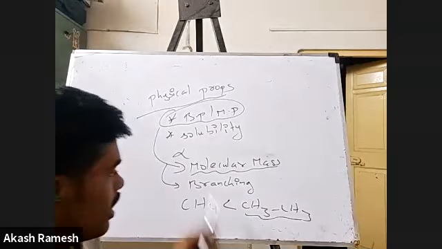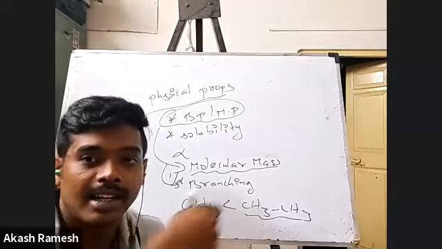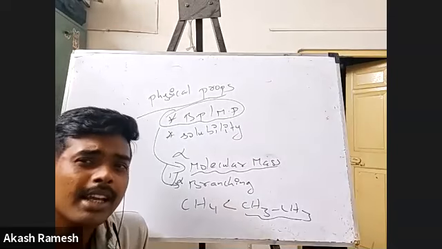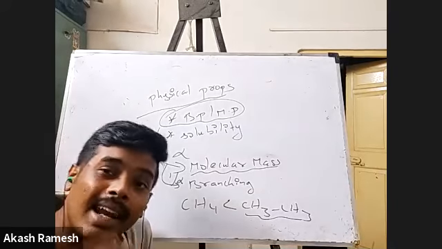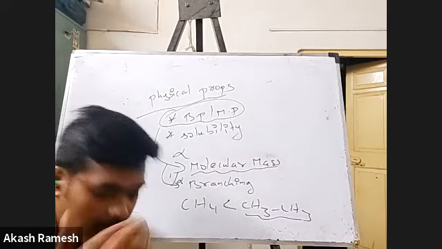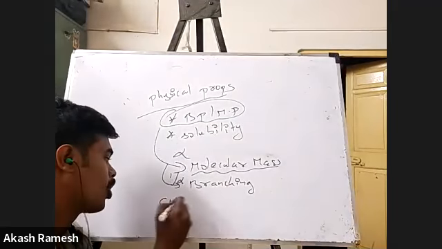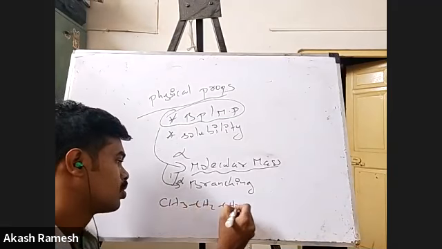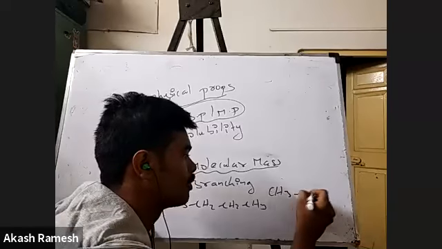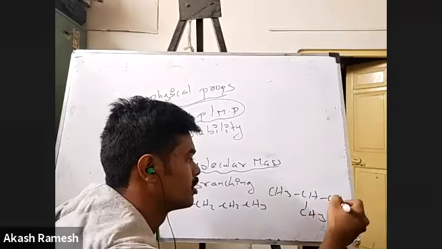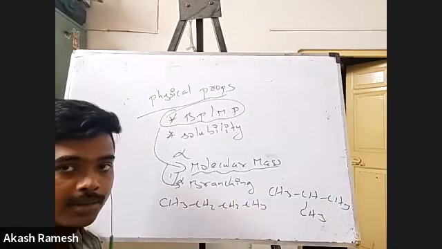Next, when I go for branching, here it is going to be inversely related. That means more and more branching, less and less would be the boiling point. If I take an example, normal butane, CH3CH2CH2CH3, and compare it with its isomer, which is my chain isomer, this has no branching, and this has one branching.